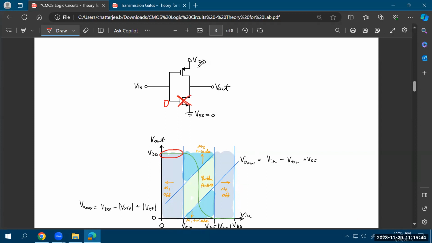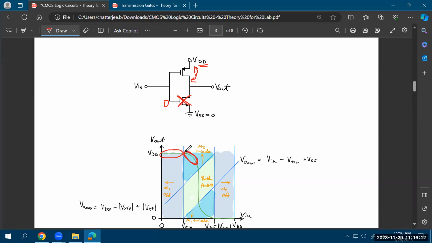But what is happening to the other device? For the other device, the output voltage is still very high. The VD is still very high, whereas VS is again very high. This is at VDD. So the PMOS device is still in triode in this region. So in this region, your NMOS has turned on, but your PMOS is still in triode. That's because your output is still very high.